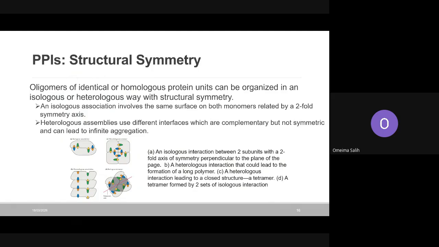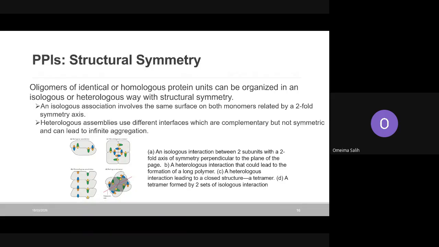Structural symmetry. Again, this is another defining character of the protein interaction. And as we mentioned, if they are homo-oligomeric or hetero-oligomeric, then the structural symmetry defines if it is isologous or heterologous.